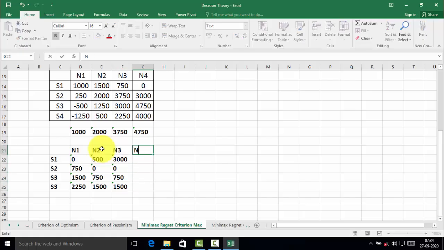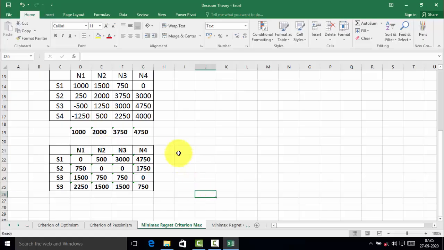Now the fourth column of the regret table, where the maximum value is 4750: 4750 minus 0 is 4750. 4750 minus 3000 is 1750. 4750 minus 4750 is 0. 4750 minus 4000 is 750. So this is our regret table.